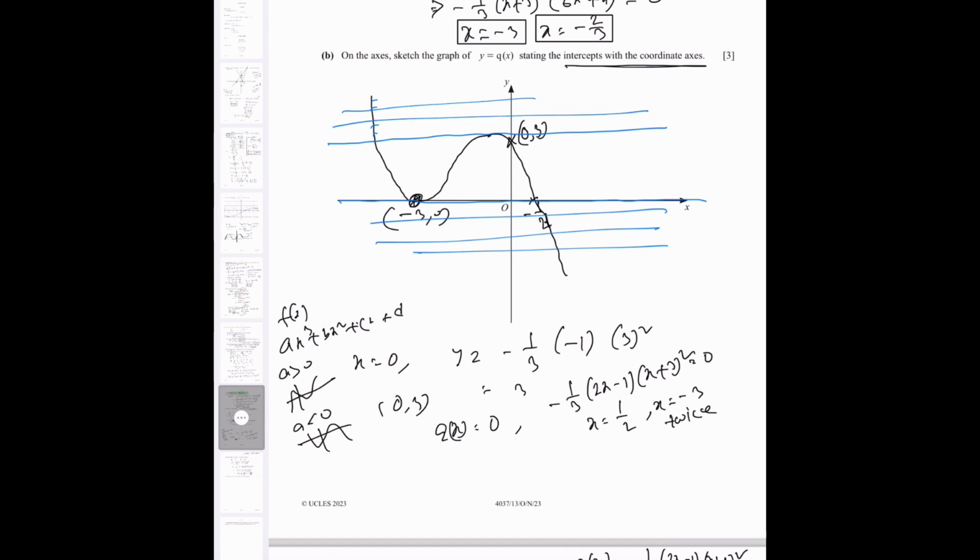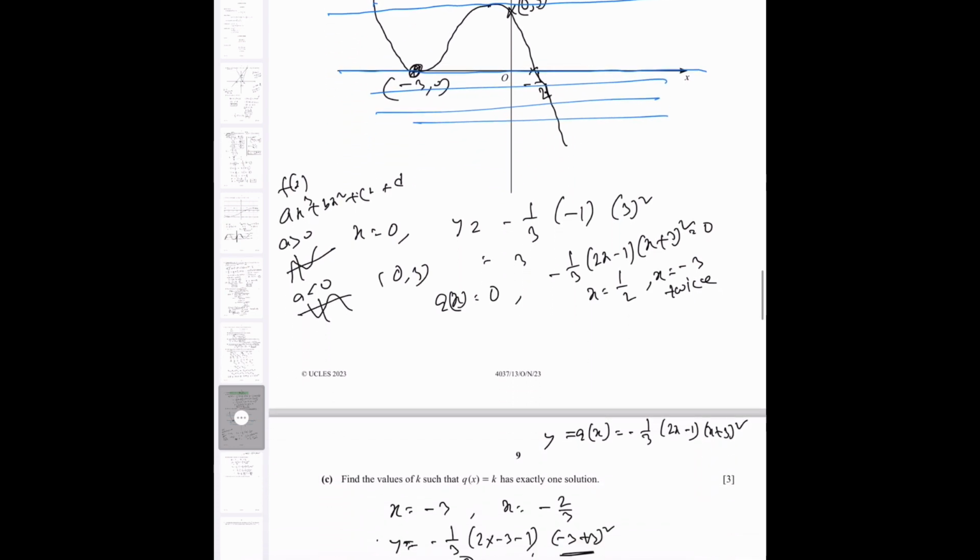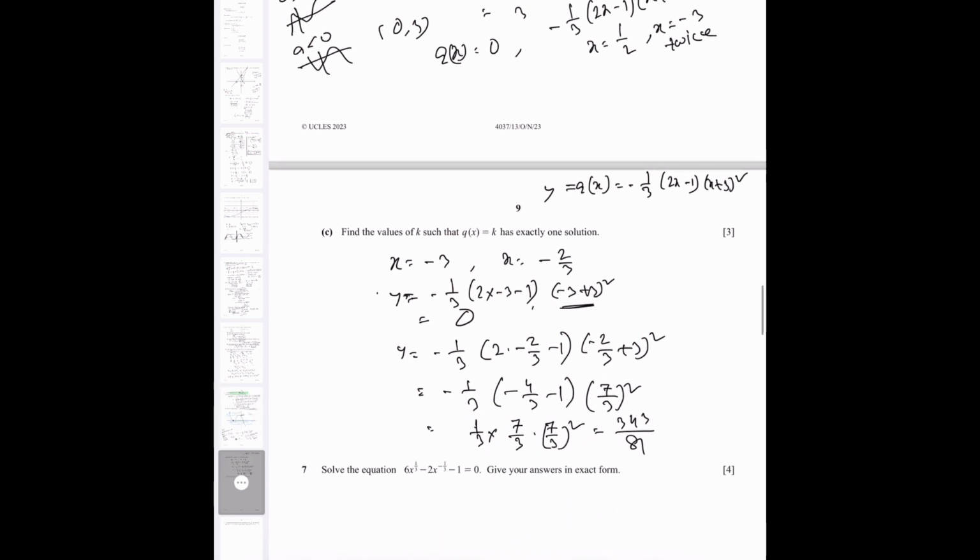So k can be greater than 343 by 81, and k can be less than 0. Okay, so these are the solutions of that equation.